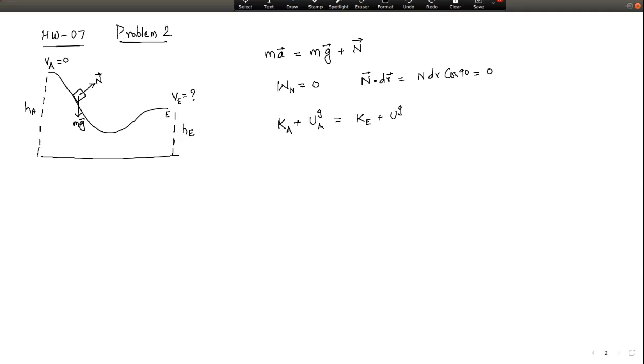So that's half times mass times velocity at A squared plus mg h_A is equal to half mass times velocity at E squared plus mg, the height at E. We are given the velocity at point A is equal to 0.